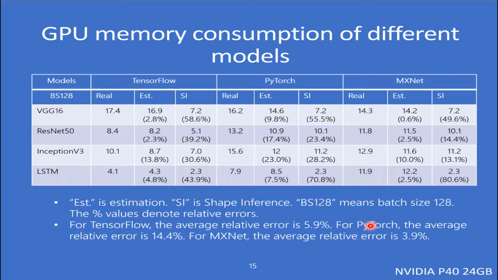On average, the relative errors of shape inference are about 43.0% for TensorFlow, 44.4% for PyTorch, and 39.4% for MXNet, which are much higher than those of DNNMem. The reason is that DNNMem considers hidden factors such as tensor allocation policy and cuDNN workspace.